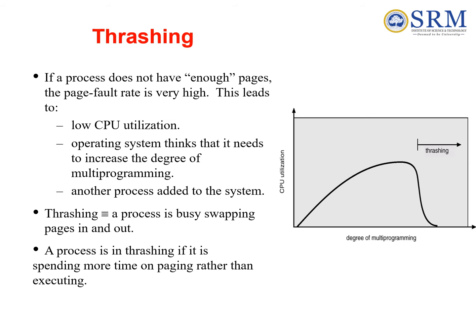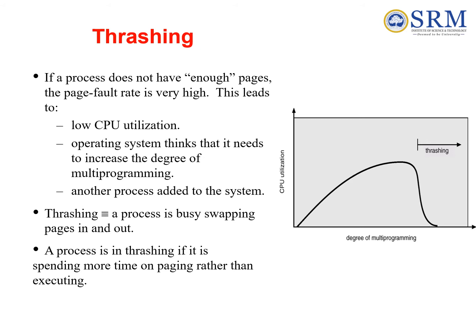Then the system will try to identify free slots in order to load the pages which may be expected by the particular process. So we need to call for the swap in and swap out process. At that time, the CPU is not utilized, so the CPU utilization is drastically reduced.